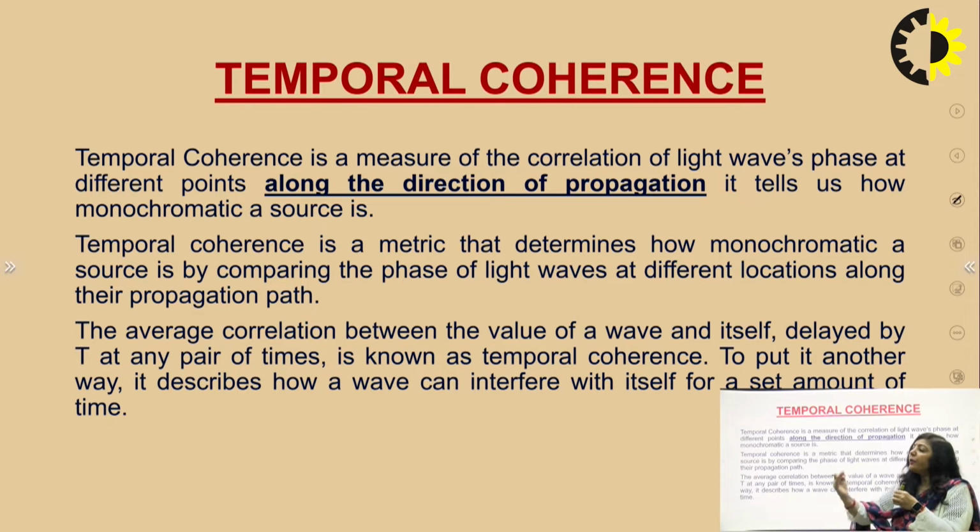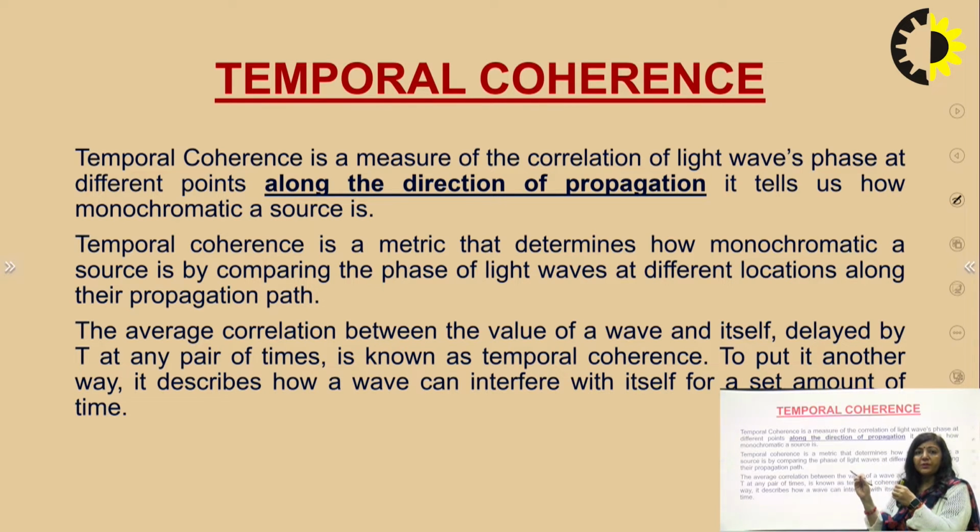Now we will find the phase difference between those 2 points at time t1, and in addition, we will also find the phase difference between those 2 points at another time t2. At these 2 different times, we find the phase difference between x and y, the 2 points present in a plane parallel to the direction of propagation.